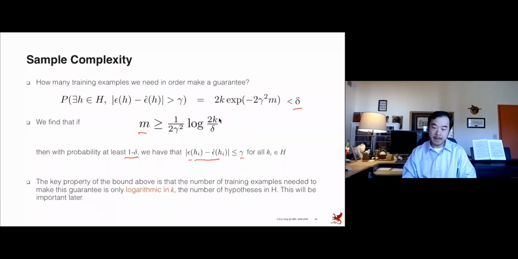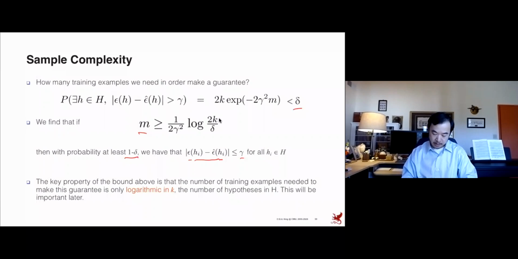Okay, so this is very neat. Somehow we were able to prove that an empirically trained hypothesis, based on a big enough number of examples, is going to have a small error with a high probability.